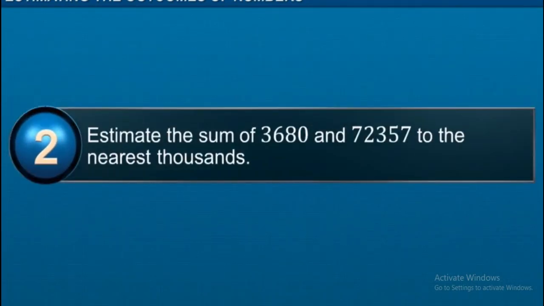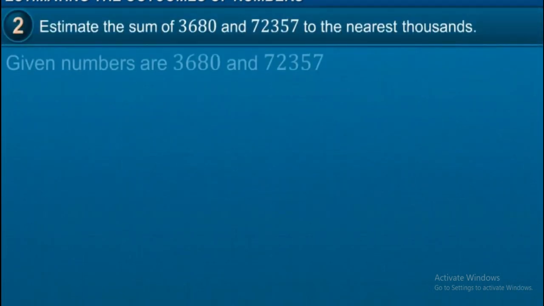Estimate the sum of 3,680 and 72,357 to the nearest thousands. The given numbers are 3,680 and 72,357. We need to round off the numbers to the nearest thousands before calculating their sum.